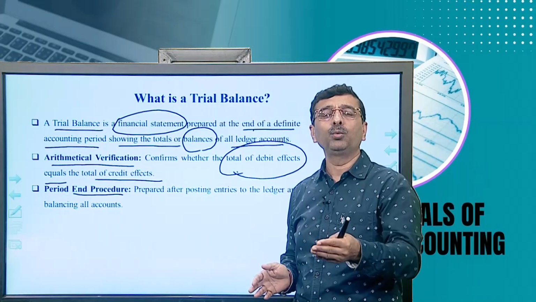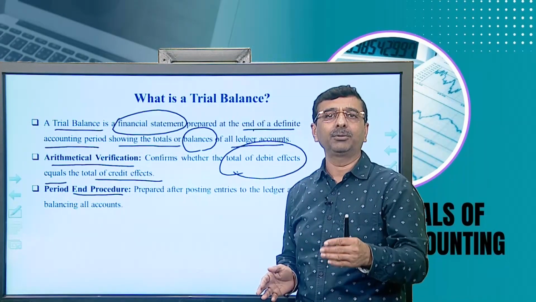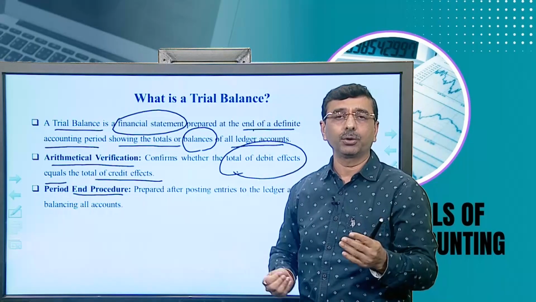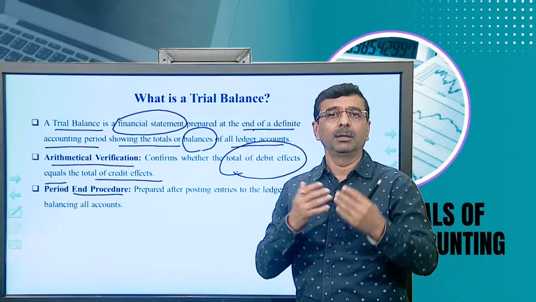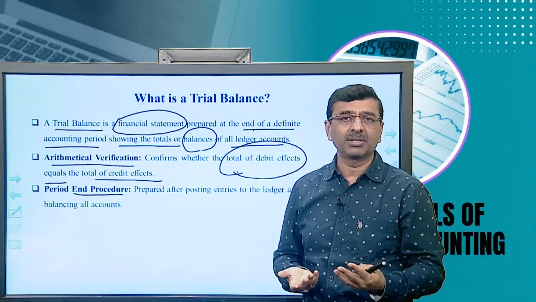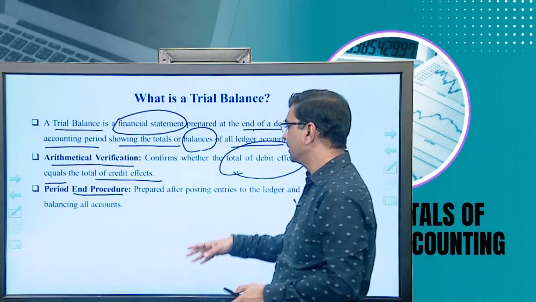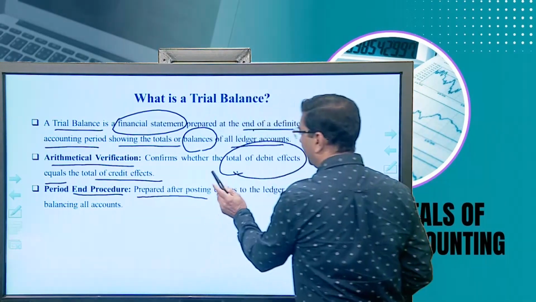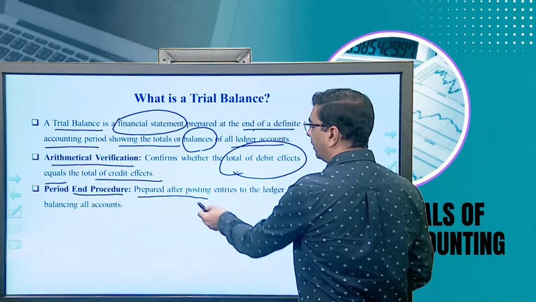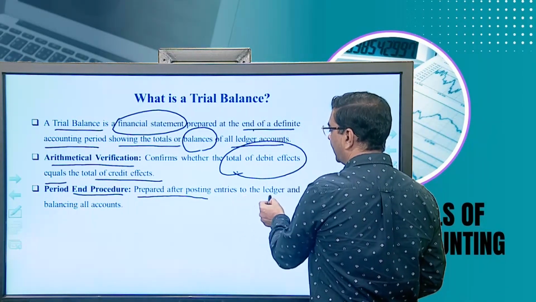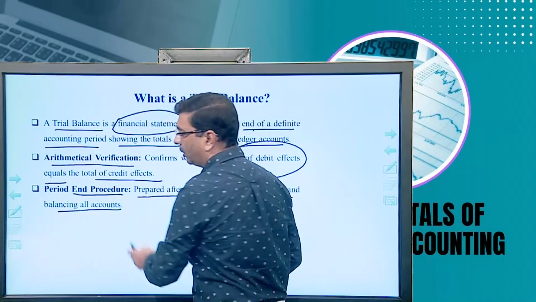Now we want to convert the data into a specific structure to identify the movement and position, and then we need to prepare the financial statement. But until then, this information is prepared and comes to an end. So it is prepared after posting entries to the ledger and balancing all the accounts.